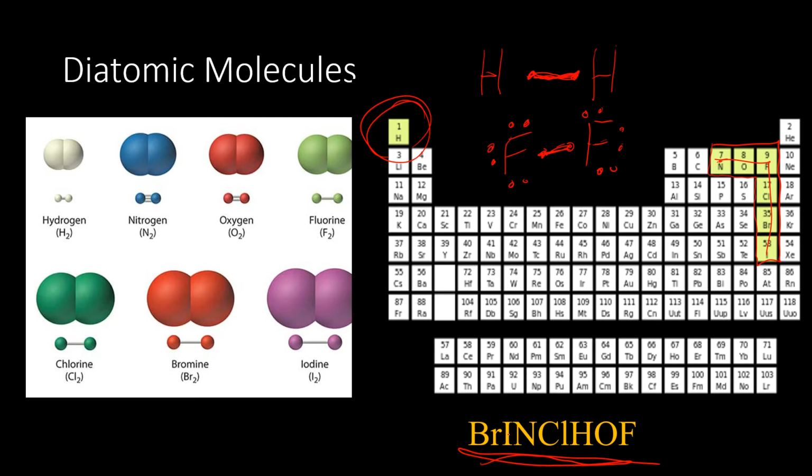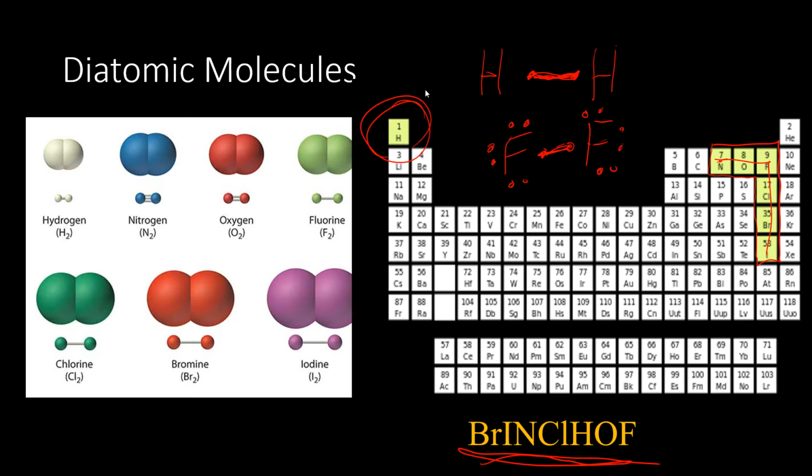Brinclhof: bromine, iodine, nitrogen, chlorine, hydrogen, oxygen, fluorine. So the letters of all the ones involved, the 7 involved, spell the word Brinclhof. So if that makes sense to you, remember that. If the 7 makes sense to you, remember you also have to remember hydrogen's part of that. But those are the diatomic molecules, and that's a nice entry into Lewis structures.